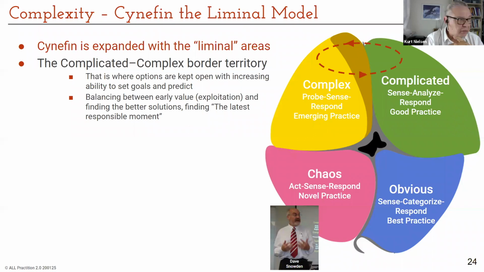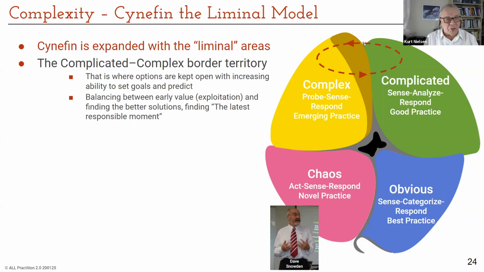Liminal, another fancy Snowden word, is, well, actually, as a non-English speaker, I'm not really sure what it means, but it's sort of in between, on the borderline, a little bit of both. And in Celtic mythology, there's a state between life and death that's called the liminal state. So that's probably where he got it from.